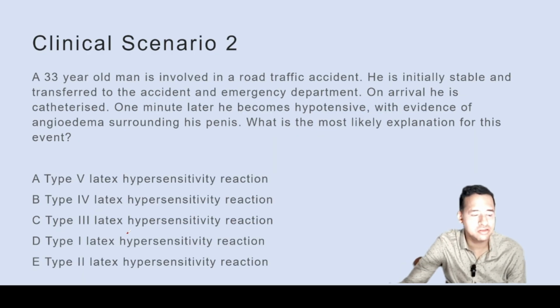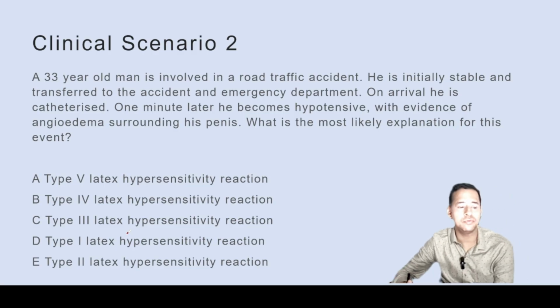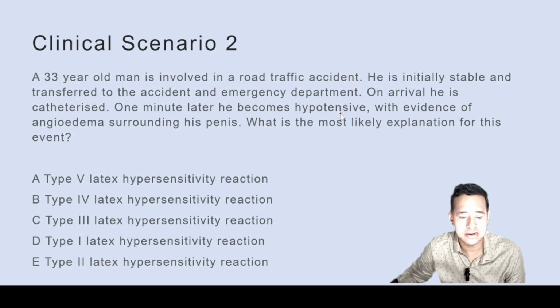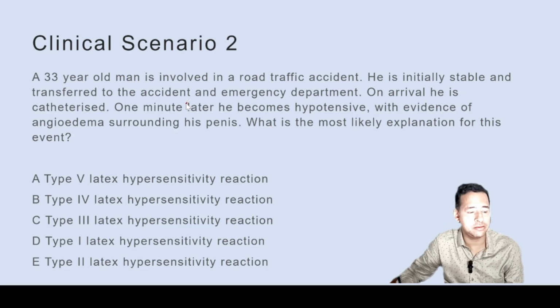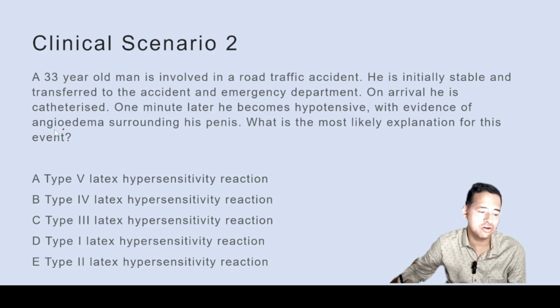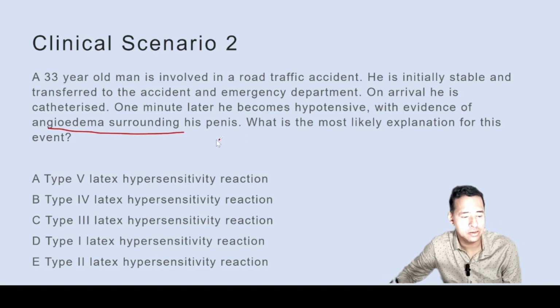Clinical scenario 2: a 33-year-old man involved in an RTA, road traffic accident, is initially stable and transferred to the accident and emergency department. On arrival, he is catheterized. One minute later, he becomes hypotensive with evidence of angioedema surrounding his penis.